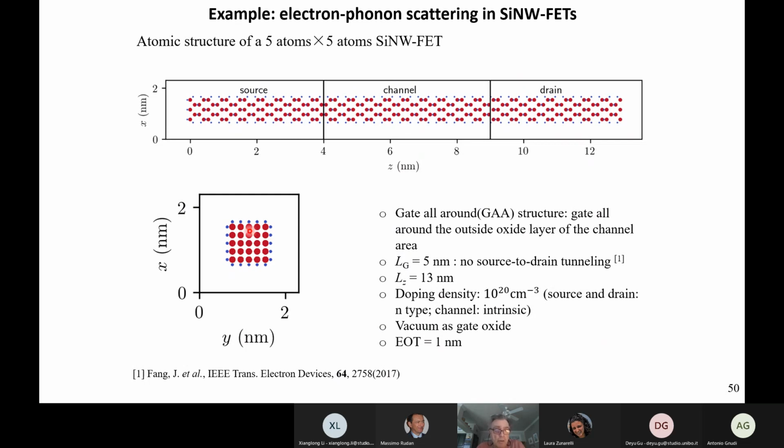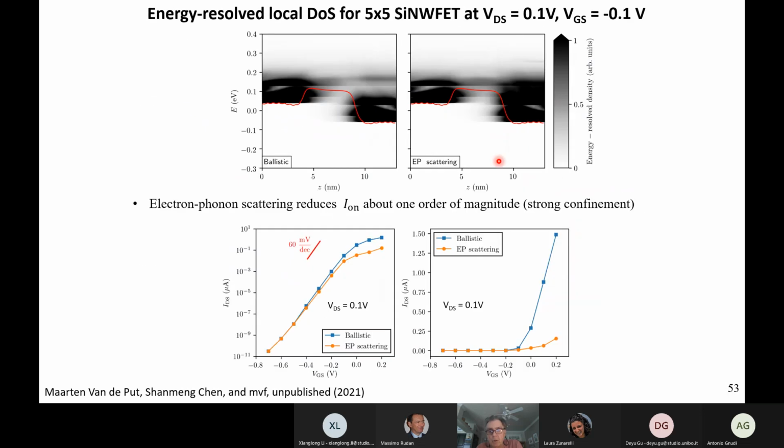You have 2 dimensions now, which you're playing with. So the amplitude overlap integral between the initial and the final wave functions will increase tremendously as the area of the cross-section of the device shrinks. So in tiny nanowire scattering is very serious. And indeed, this is what you see here, a terrible effect on the current.